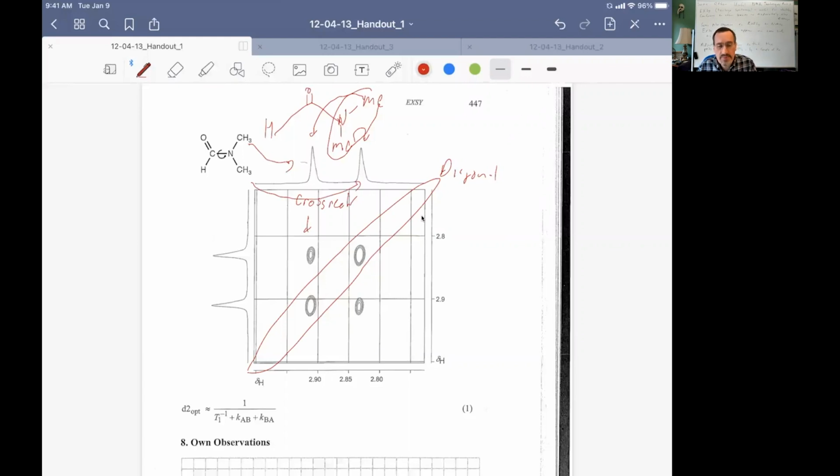So on the time scale of the experiment, on the time scale of hundreds of milliseconds, we get rotation about the carbonyl-nitrogen bond. And the methyl group that is cis to the carbonyl group trades places with the methyl group that is trans to the carbonyl group. Does that make sense?